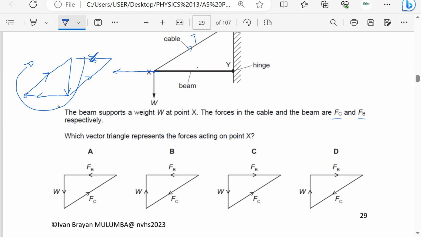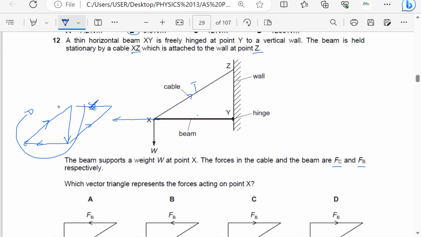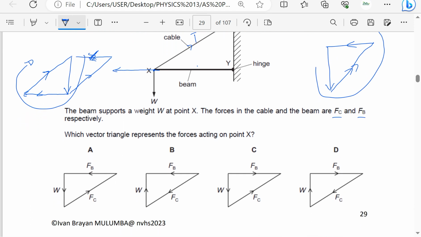If I was to fix the horizontal force in that direction, then add the weight, then add the tension, it will still be a closed triangle in the other direction. There is no resultant. So that means we need to look for that.